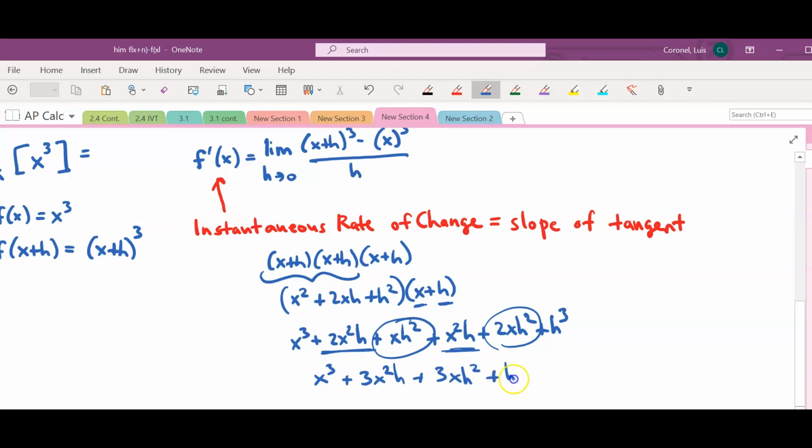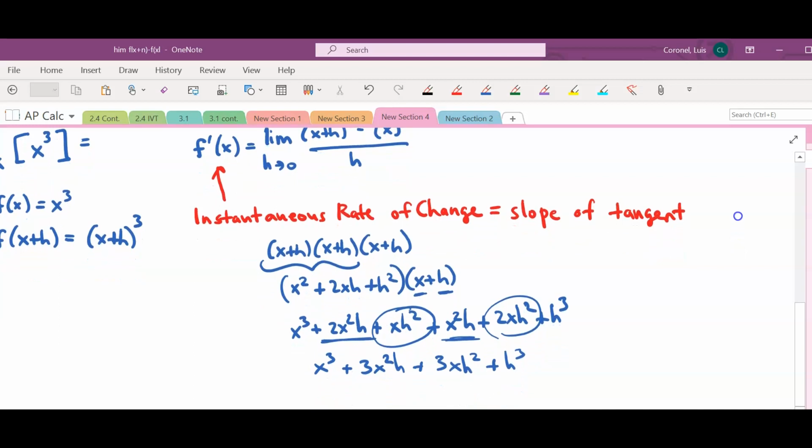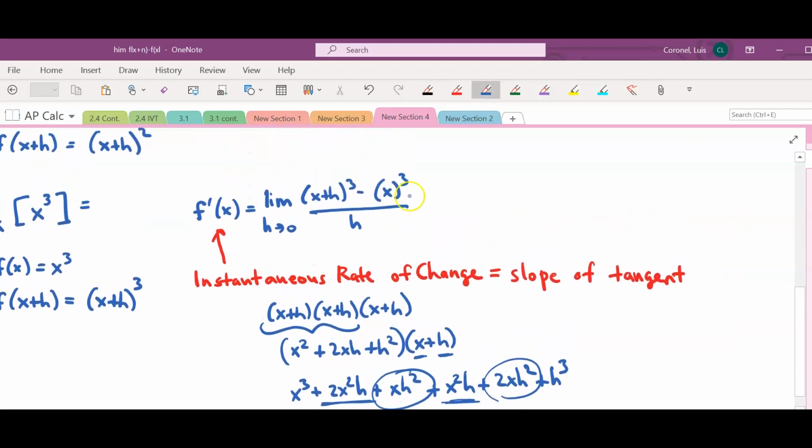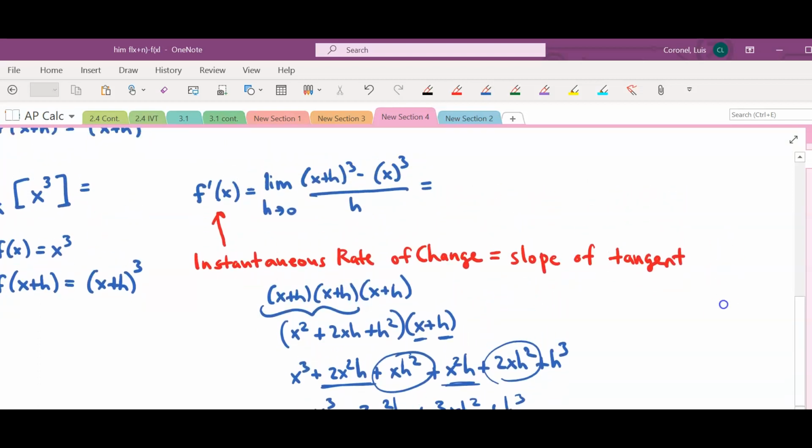And lastly, there's that h cubed. So that is our cube expanded. So let's write that out. When you expand, you'll get x cubed plus 3x squared h.